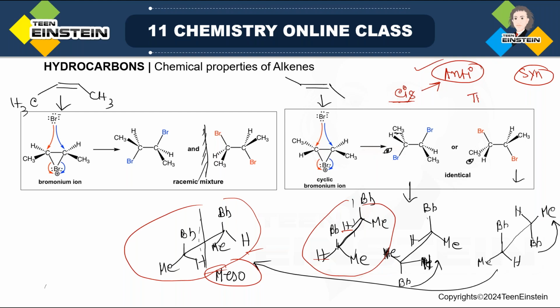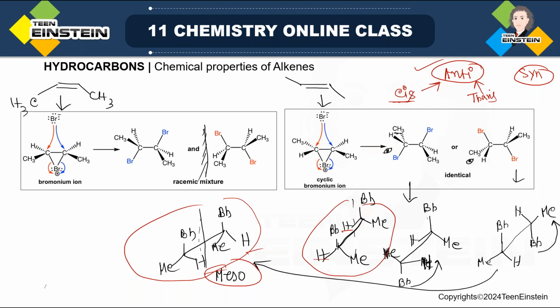But when your starting material is trans and you combine it with an anti mechanism, that means trans is already anti groups, and you are doing another anti mechanism. So as if these two are cancelling each other, and ultimately your product will be optically inactive.